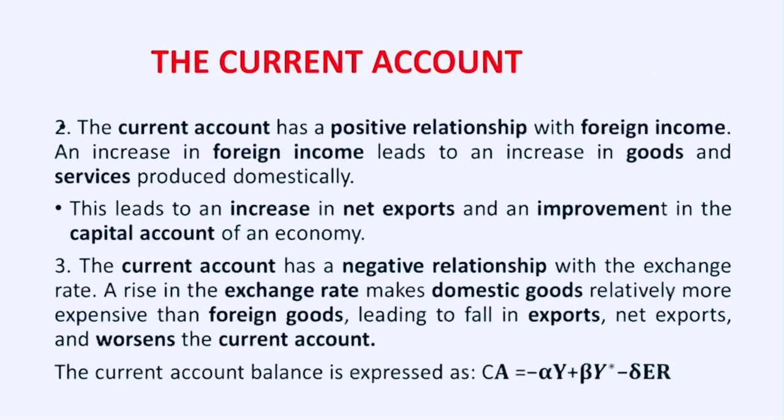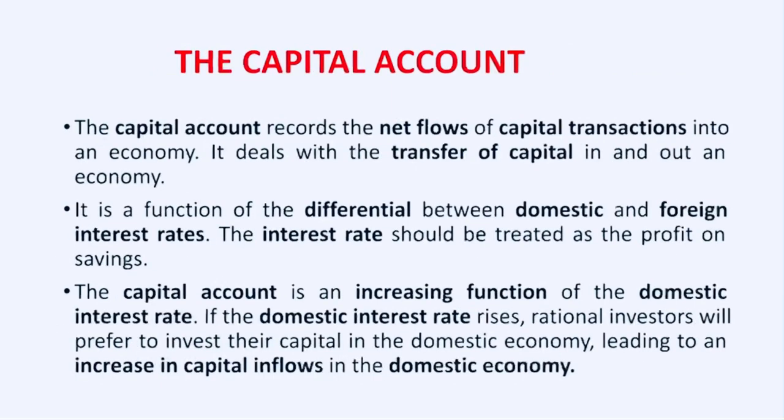So this leads to a fall in exports, net export, and worsens the current account. So in summary, the current account balance is expressed as CA equals minus alpha Y, because there is a negative relationship between domestic income and the current account, plus beta Y star, because there is a positive relationship between the current account and foreign income, minus theta ER, that is the negative relationship between the exchange rate and the current account.